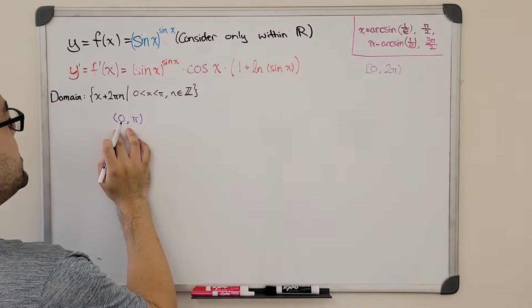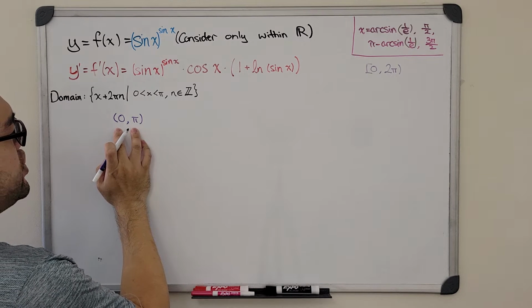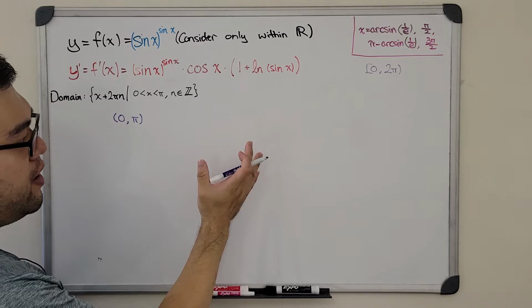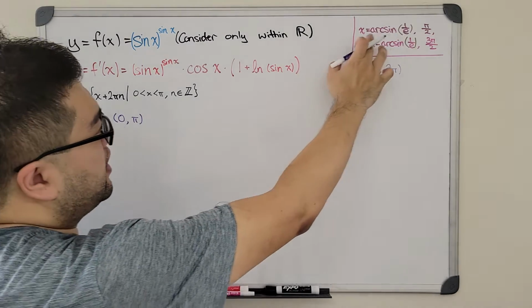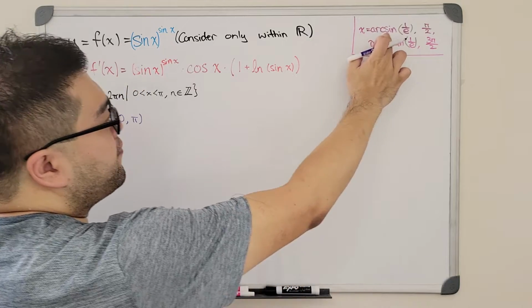And we see that that will be inside of our domain, as our domain is from 0 to pi, which is covering the value that we have.